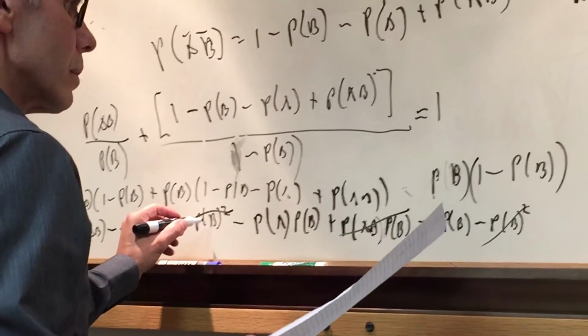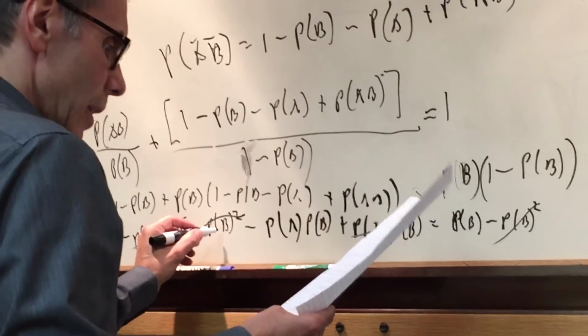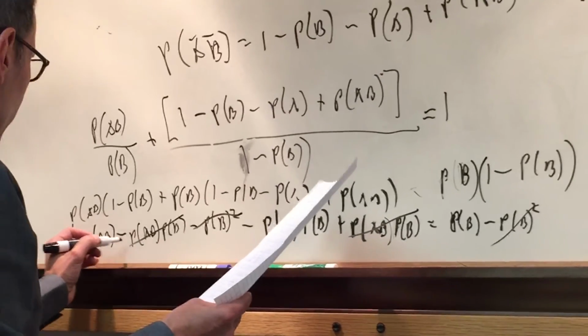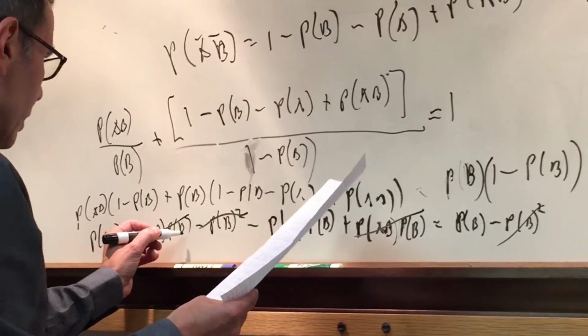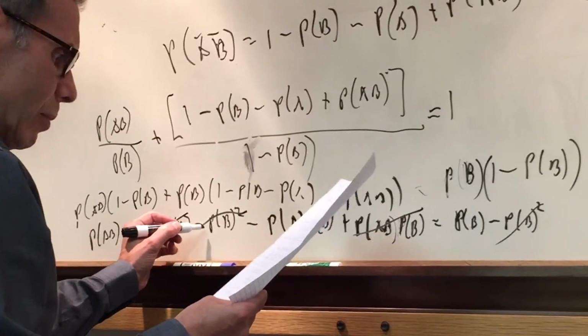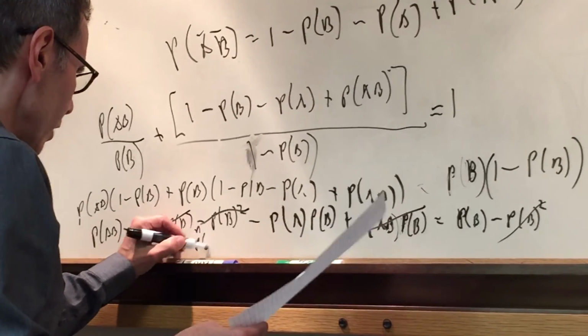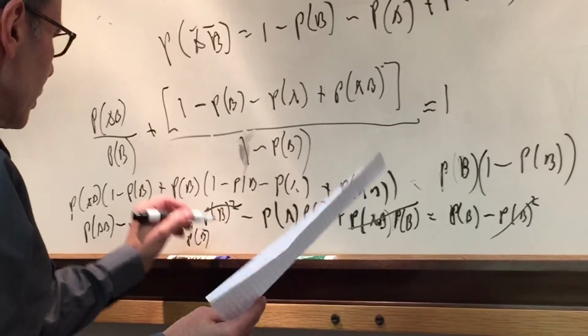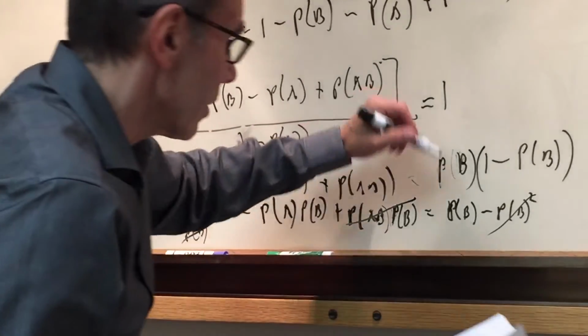Oh, did I leave out a term? Probability of AB, bear with me, AB, probability of B, plus probability of B. Yeah, in here it was supposed to be plus the probability of B, and minus probability of B squared. I got that in. I'm sorry, I made a mistake.